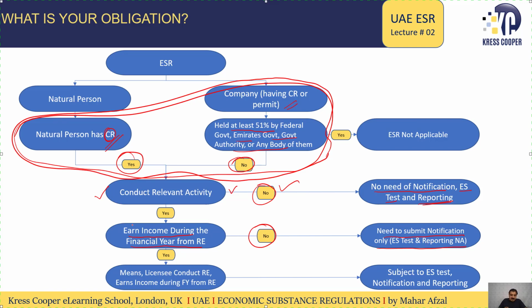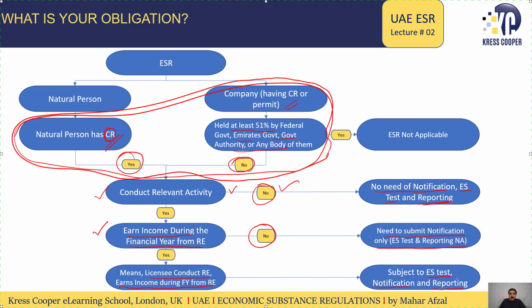At the end, if this licensee is conducting any relevant activity, yes. Earning income from the relevant activity, yes. Means licensee conducts the relevant activity, licensee earns the income during the financial year from the relevant activity, then licensee is subject to economic substance test, notification and reporting requirement.